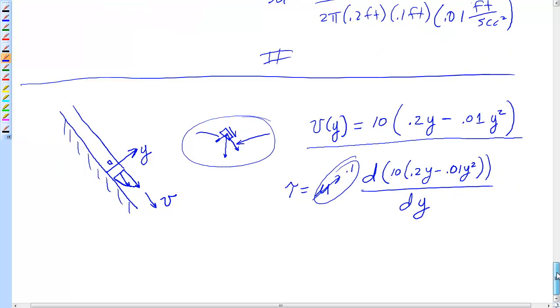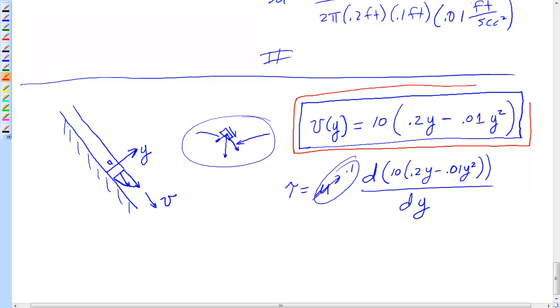So in essence, someone gave us a distribution, essentially an equation which relates the velocity in the layers. That's the key here. Really, all you've got to do is take a derivative.